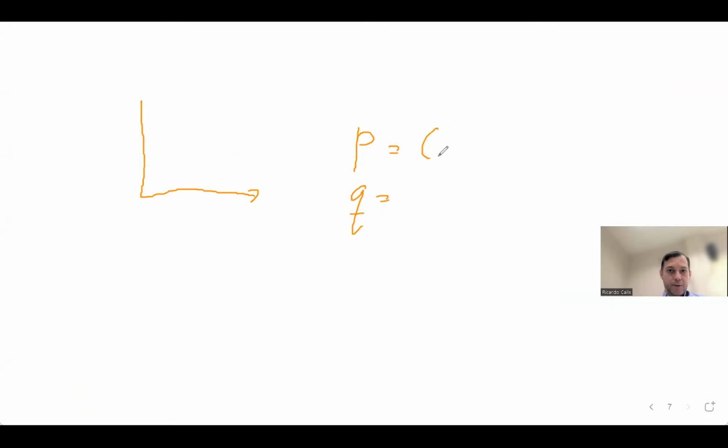But you can also have points that have more features, which is P1, P2, P3, dot, Pn. And then this one would be Q1, Q2, Q3, Qn.